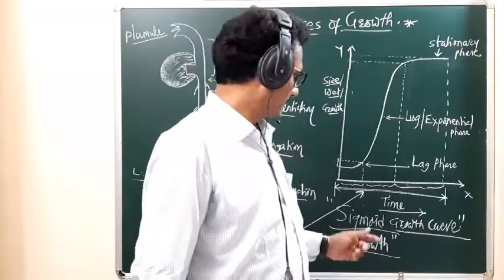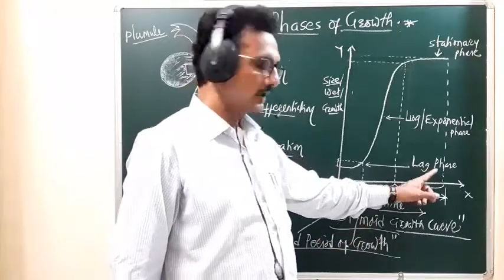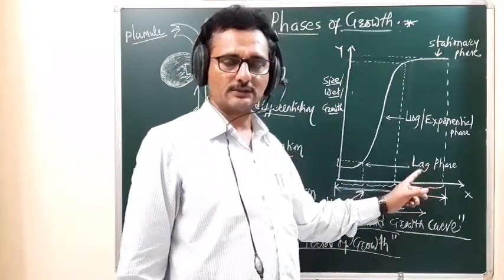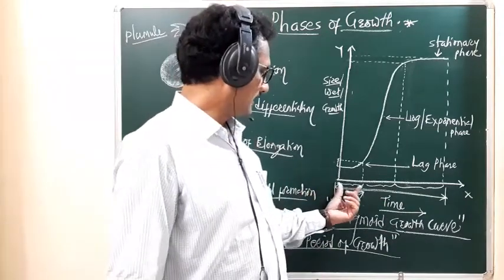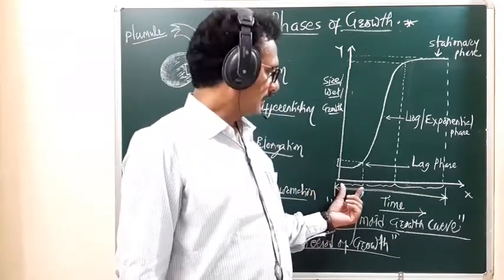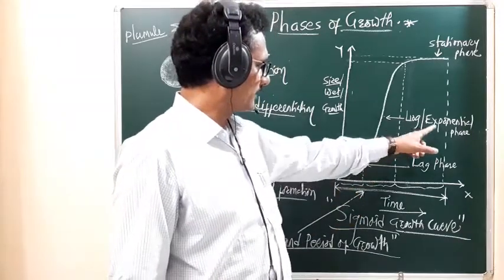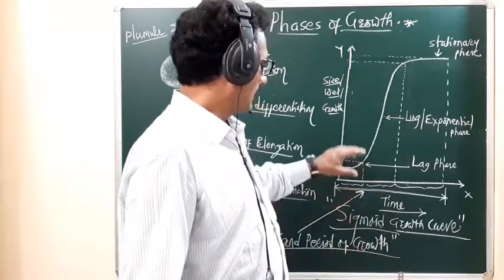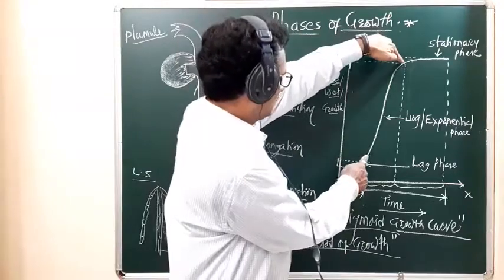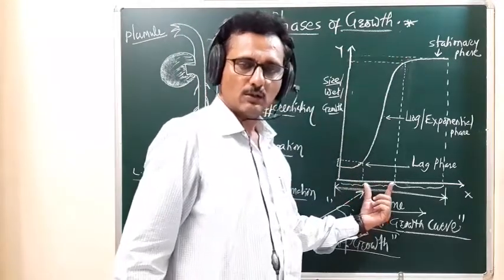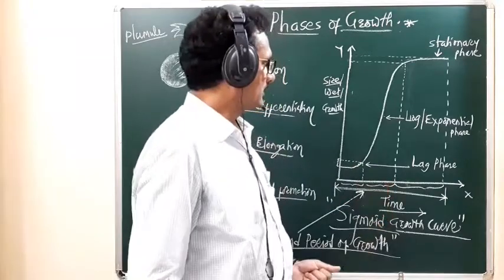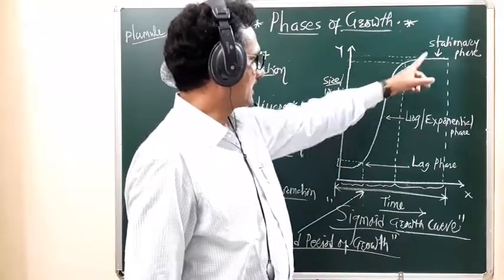Means at the beginning it shows the lag phase, in the sense the growth is very slow, and it requires maximum time. Then the next phase is the log phase or exponential phase. It shows the maximum growth, but the time requirement is very less. And the third phase is the stationary phase.